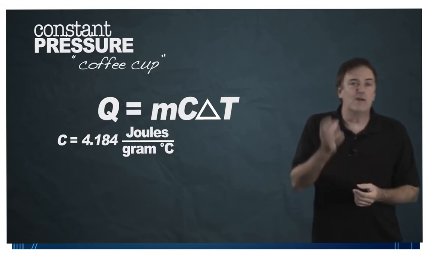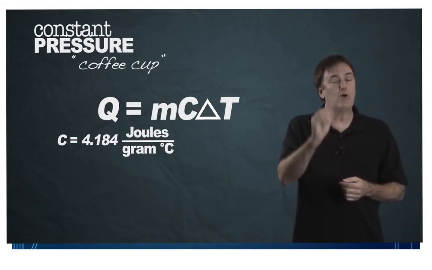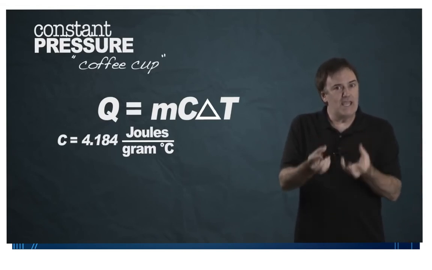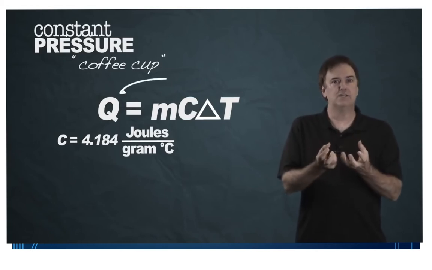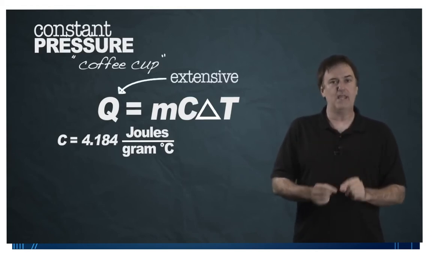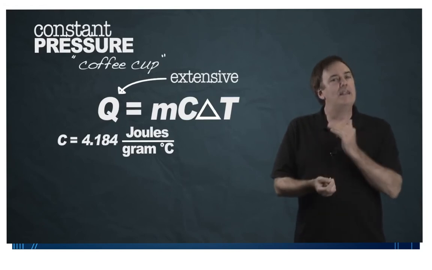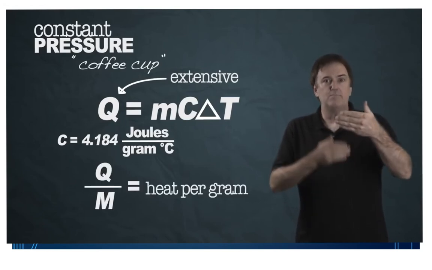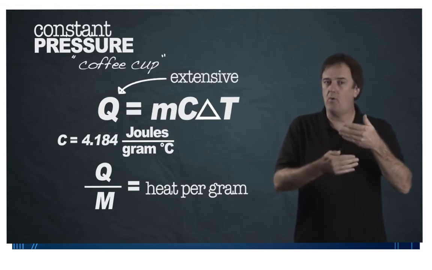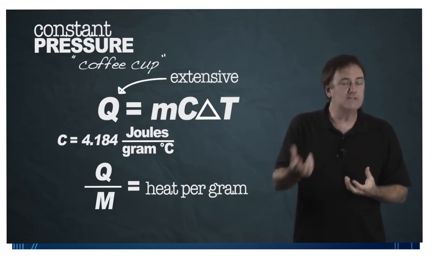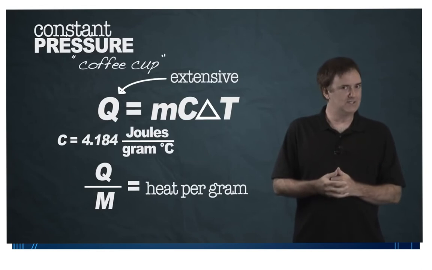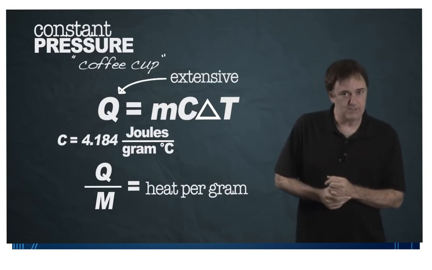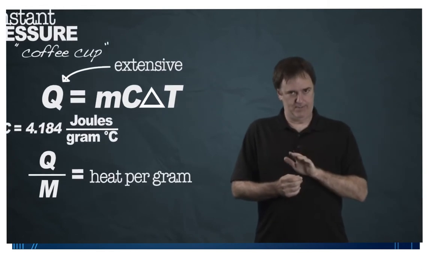Put all that together and you've got your amount of heat, which we call Q. That amount of heat is what was released from the reaction. That's an extensive property. We know the amount. Now you divide it by how much stuff you used, the amount of heat per gram or heat per mole, and you've got yourself the answer to the actual reaction you just ran. That's coffee cup calorimetry. Easy, cheap.